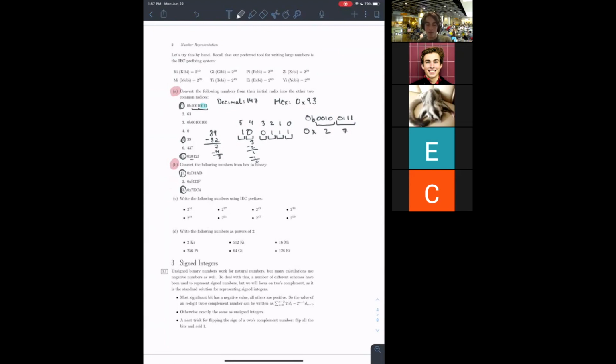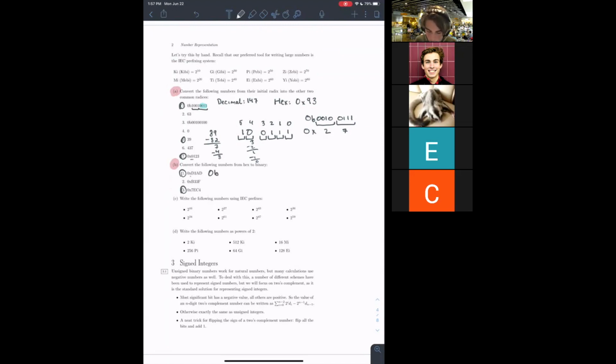So cool. Anyone want to give a suggestion on where we should start with part B, converting from hex to binary? We just go one digit at a time. Yeah, exactly.